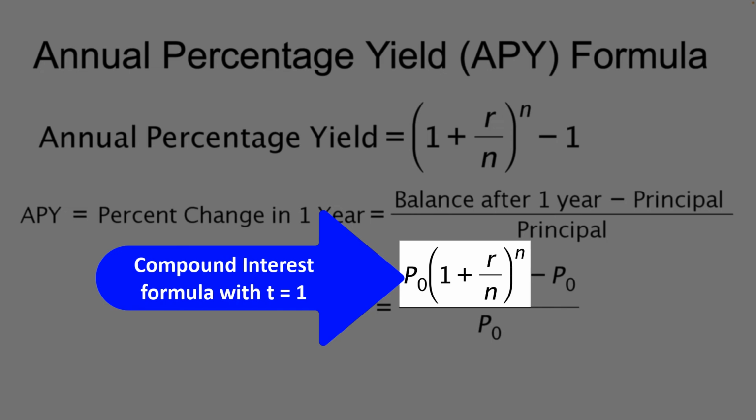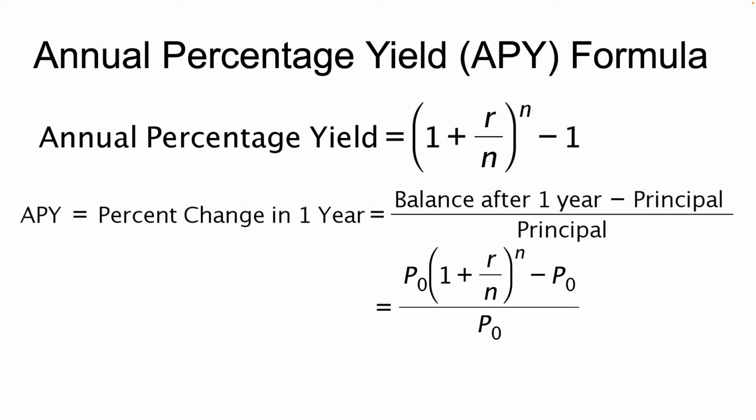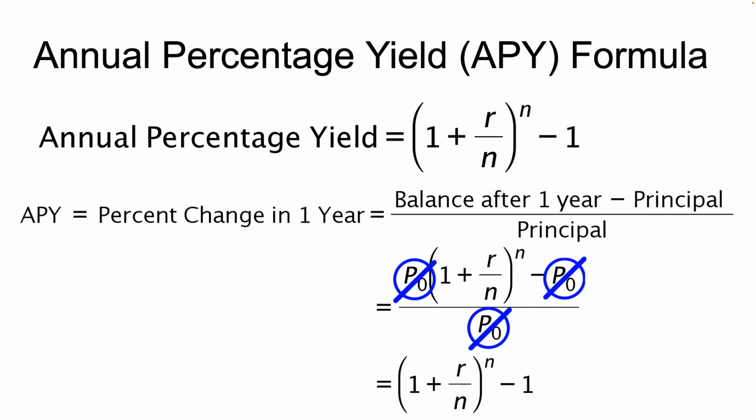If you notice, I've just taken that compound interest formula and plugged in 1, minus the principal, which is represented by P naught, divided by our principal again, which is P naught. But all three of those quantities have P naught involved. And so we can go ahead and cancel all of those since they are a part of each and every quantity. Canceling the P naught leaves us with the quantity 1 plus r over n raised to the n power minus 1.